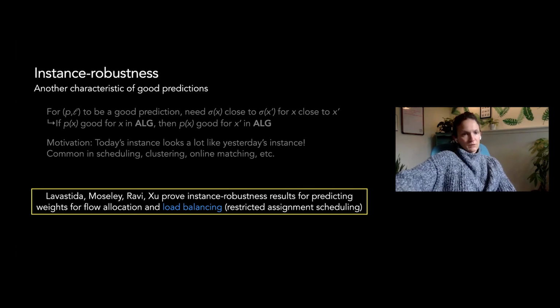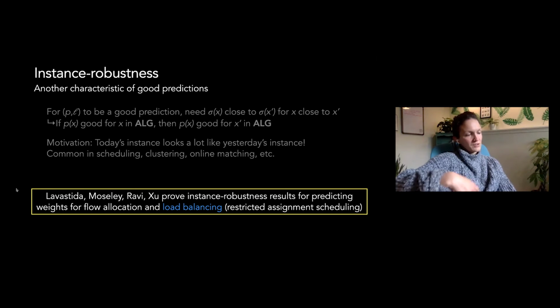All right, so what I'm going to do next is, this instance robustness was introduced by this group of authors, and this has been the only work done on instance robustness so far that I'm aware of.